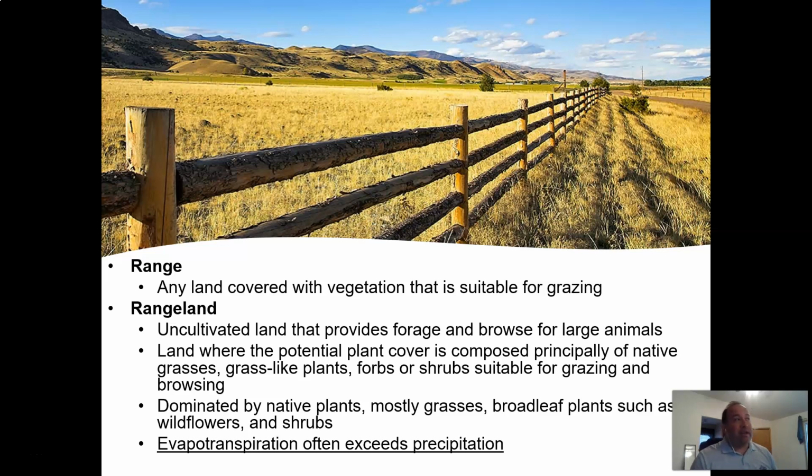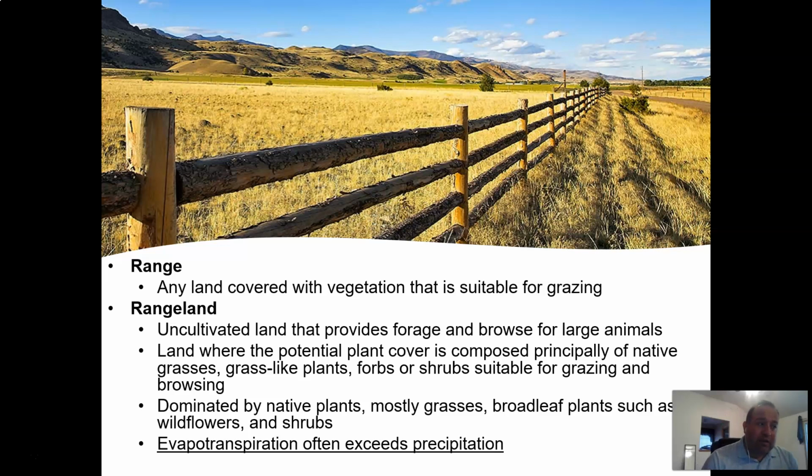These areas are usually dominated by native plants, mostly grasses, some broadleaf plants, wildflowers, shrubs. However, lately, there's been a lot of problems with exotics, depending on fire management strategies and different overgrazing, undergrazing, and we'll get into some of those issues towards the end of this lecture.